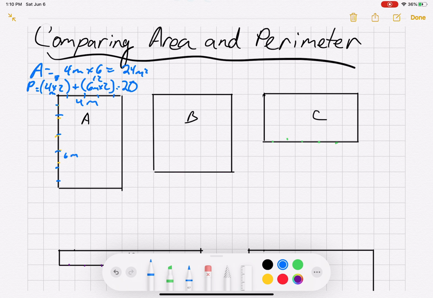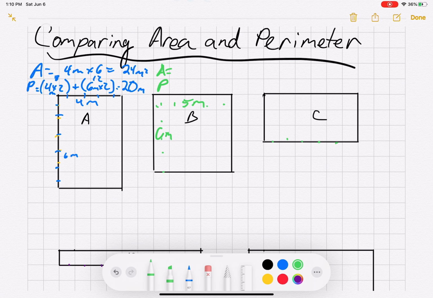20 meters. Okay, now I am going to find the area and perimeter of this next shape, B. Okay, now the length times width, right? So 1, 2, 3, 4, 5. That's 5 meters. 1, 2, 3, 4, 5, 6 meters.